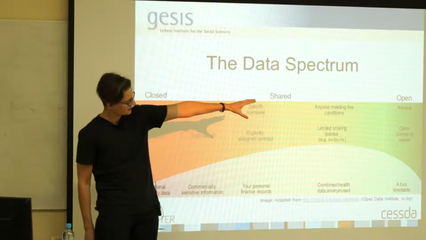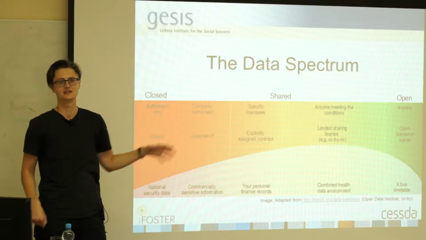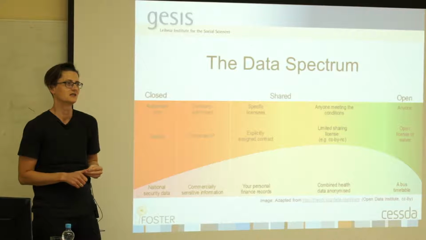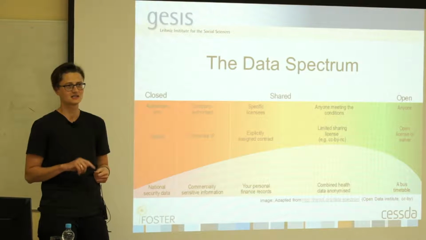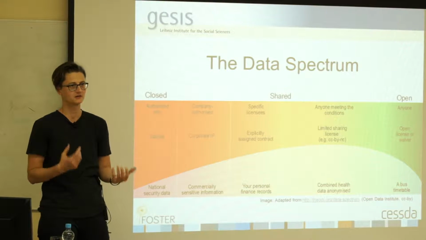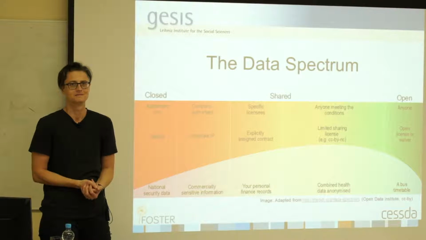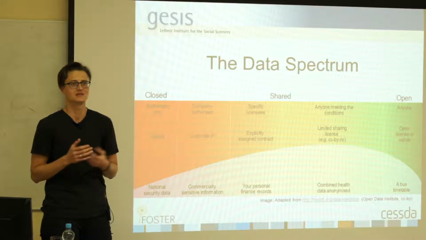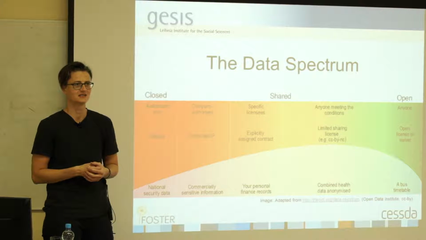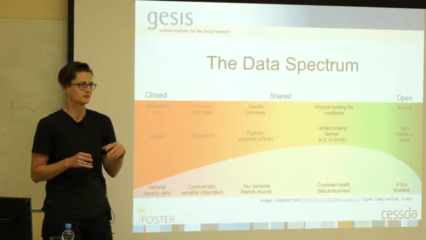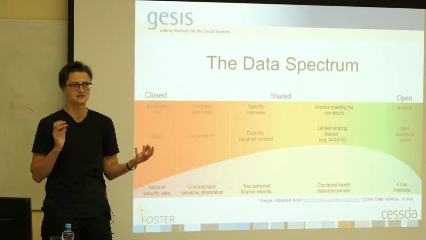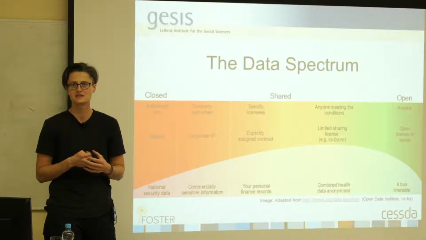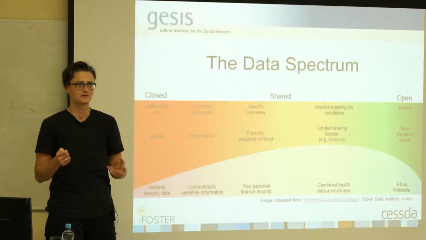Then on the other end of the spectrum you have open data, and open data in this sense would be data that is accessible to anyone without any restrictions. So typically this would be statistical government data that you can download for free from a website where there's no user registration or anything. So the data is just there for you to download.